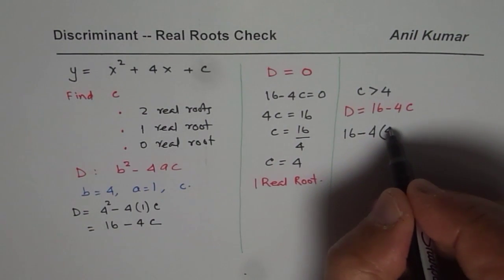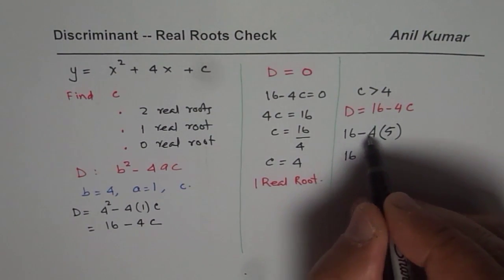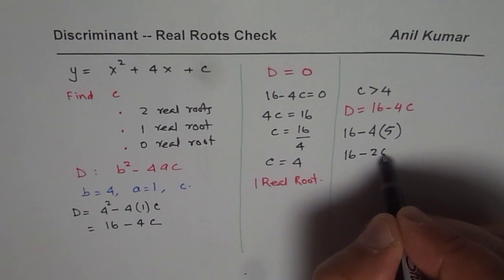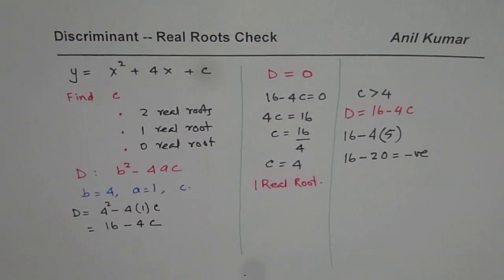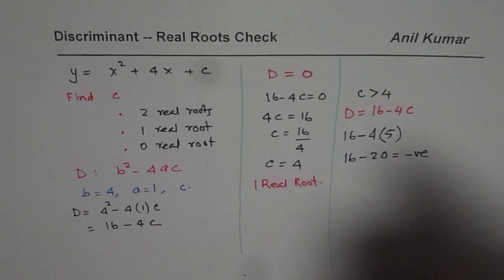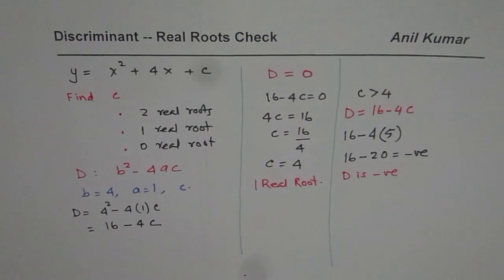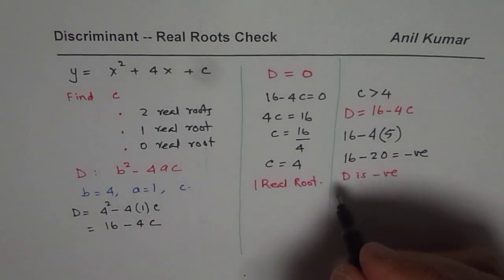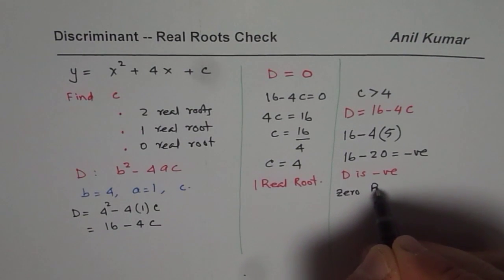Let's write 5, anything. In that case, it becomes 16 minus 20, which is negative, right? So the discriminant becomes negative, and therefore the number of roots will be 0, so 0 real roots.